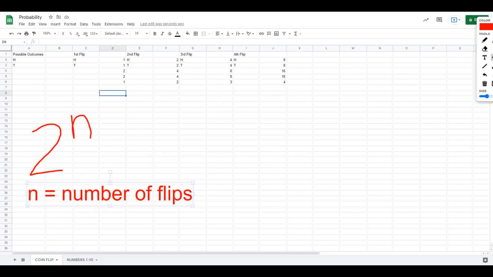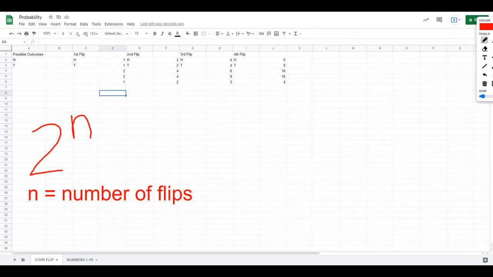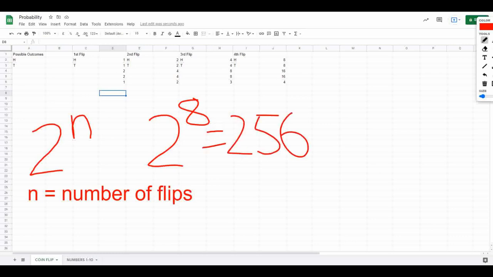So it's going to increase very, very fast. For example, if I made 8 flips, I could instantly do this with a calculator. 2 to the 8th means there would be 256 outcomes. And that's just going to increase even more. 2 to the 9th would be 256 multiplied by 2, or 512.